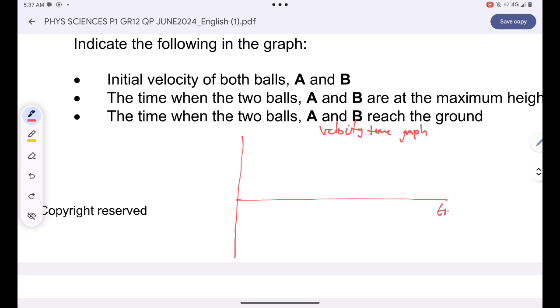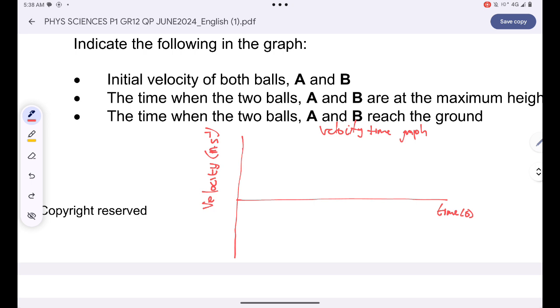I'll have time on my horizontal axis, time in seconds, and then velocity in meters per second.